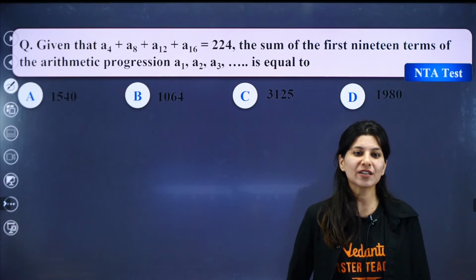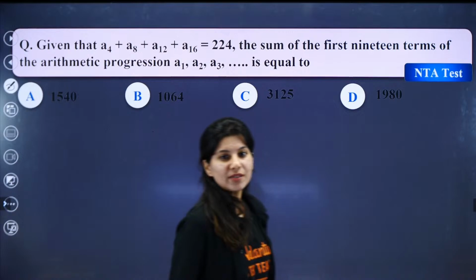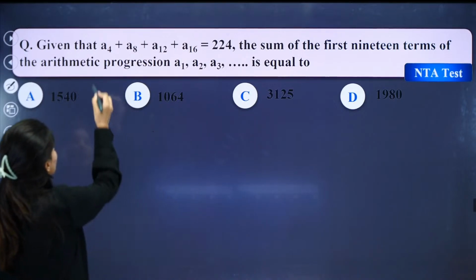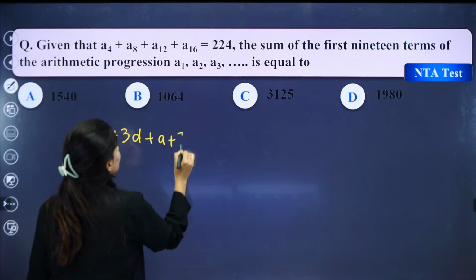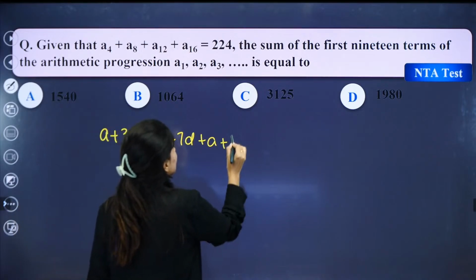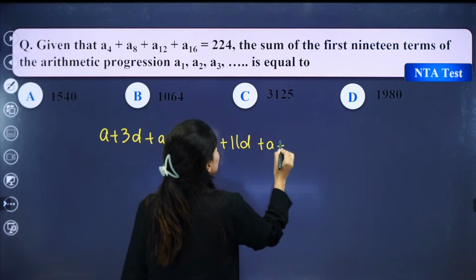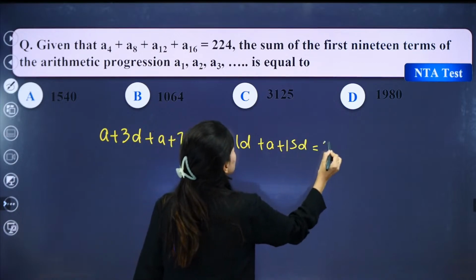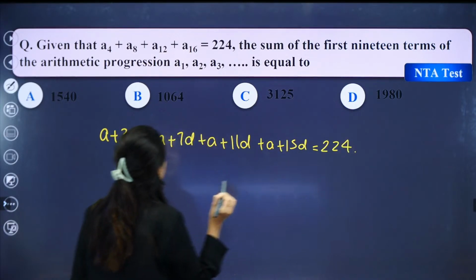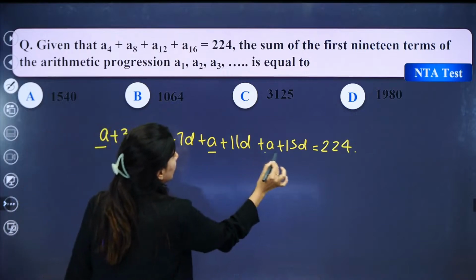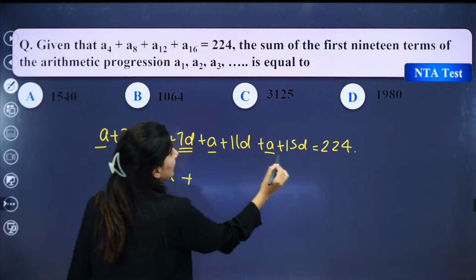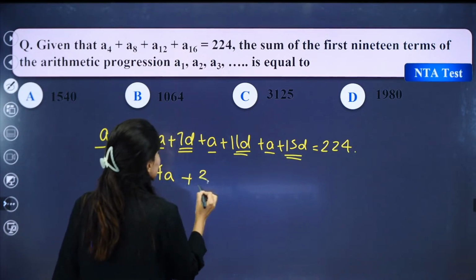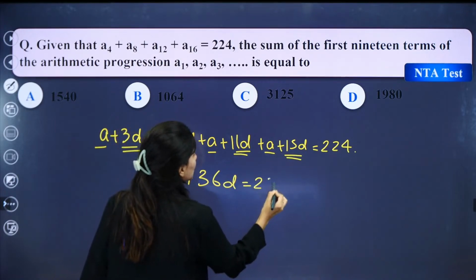So this was the question: given that these four terms sum to 224. So A4 is A plus 3D, then A plus 7D, then A plus 11D, then A plus 15D is equal to 224, right? 4A plus 36D is equal to 224.